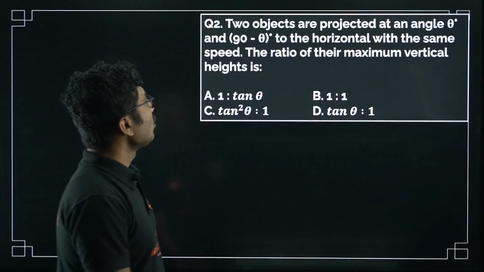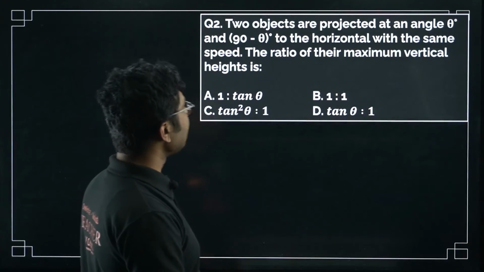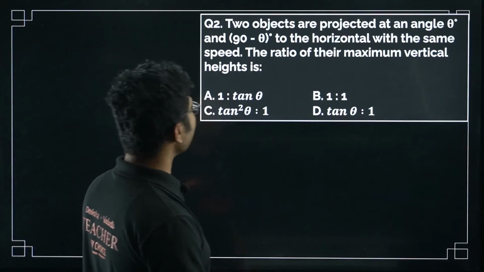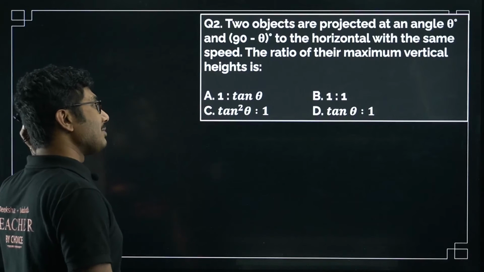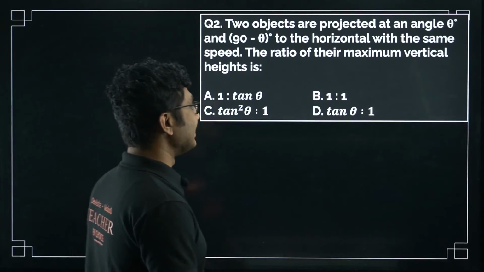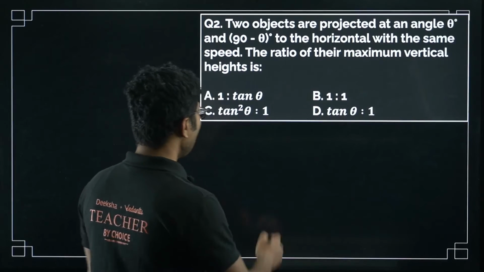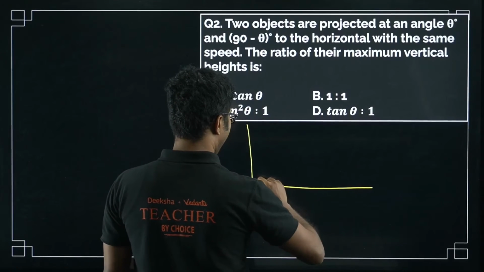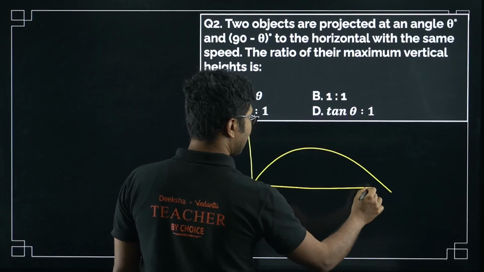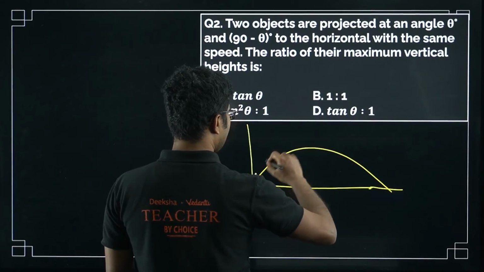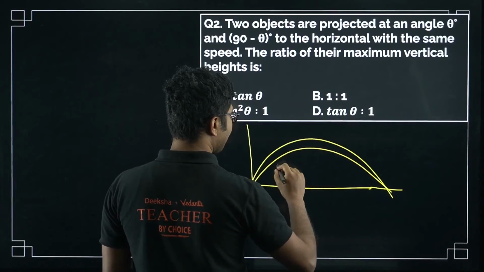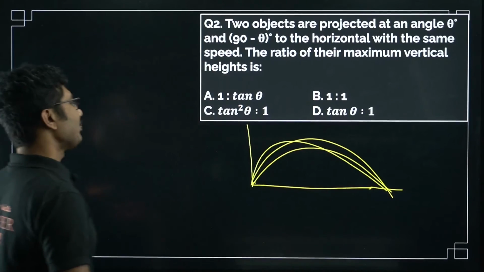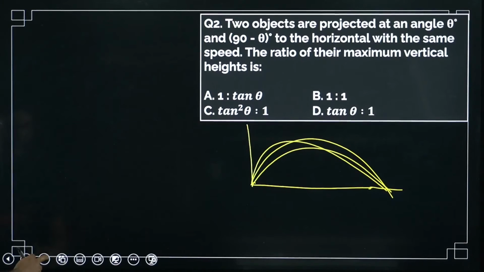Next question, two objects are projected at an angle theta and 90 minus theta to the horizontal with the same speed. The ratio of their maximum vertical height is? Now if you throw at theta and 90 minus theta, their range is the same, but vertical height can be different.